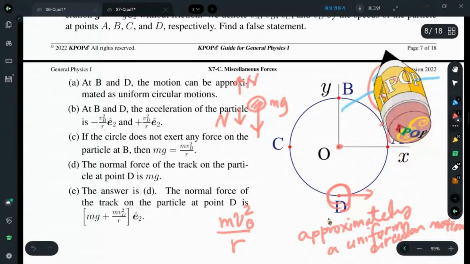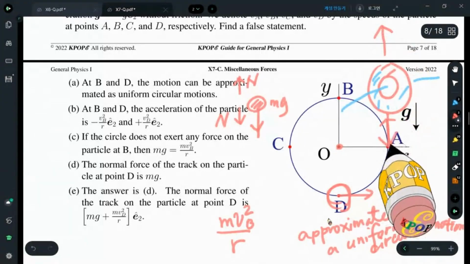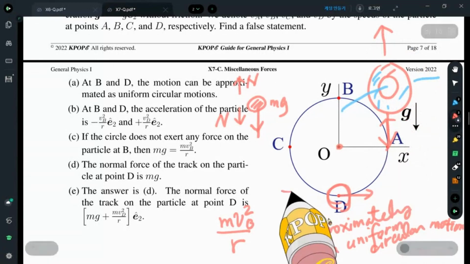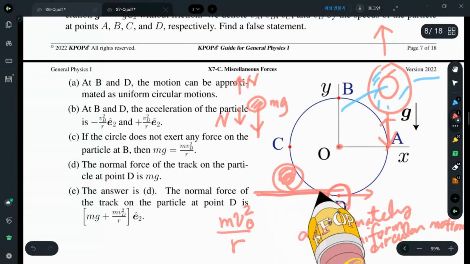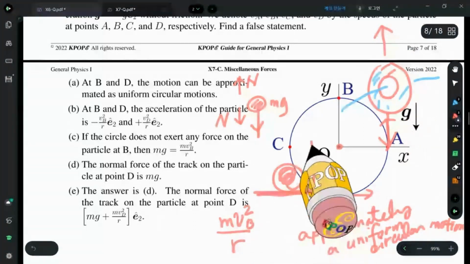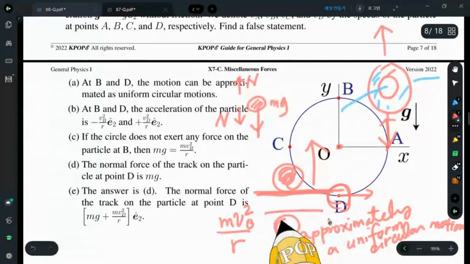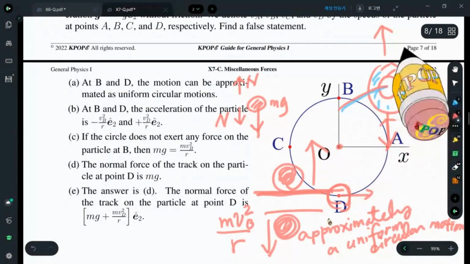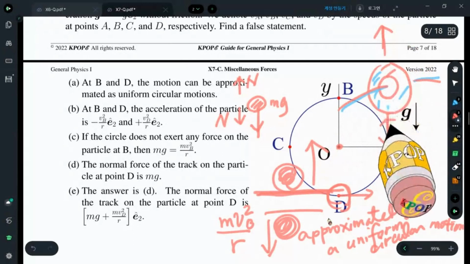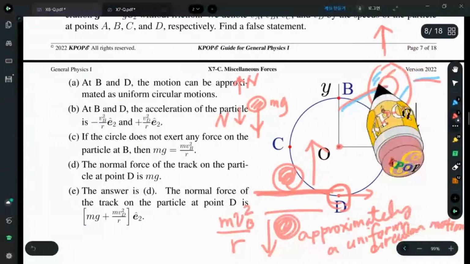In that case, it is possible to apply normal force along this direction or in this direction. Sure, if the particle is on top of a track, normal force can be applied in this direction only. Or in this case, normal force can be applied in this direction only. But in this case, it is possible to apply normal force in either direction, up or down.